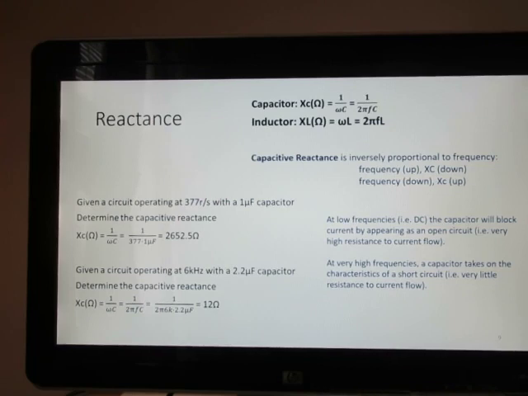In the second example, 12 ohms, it would be 12 ohms at minus 90 degrees for a polar coordinate. Or we could say minus J 12, for the rectangular coordinate.